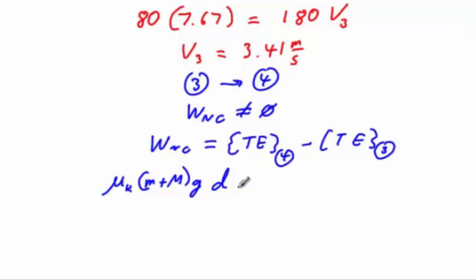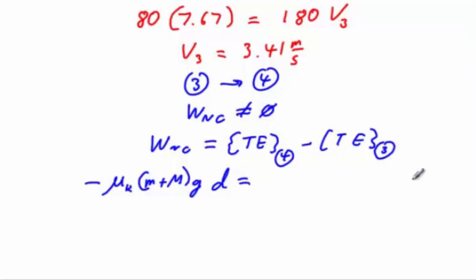The answer is still no. Work is positive when the force and the displacement are in the same direction. However, in this case, Batman and the Joker slide to the right, but the frictional force is to the left. Therefore, the work due to friction is negative: mu k times the normal force of mg times the distance d.